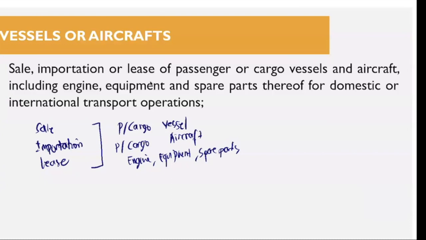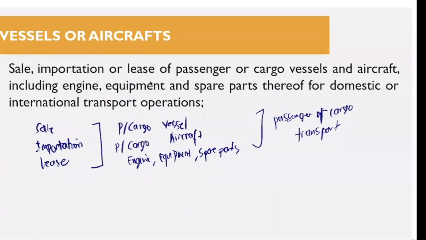So you just need to look as to the purpose. The purpose is for passenger or cargo transport. Why? Because transportation is one of the necessities of a human being also.